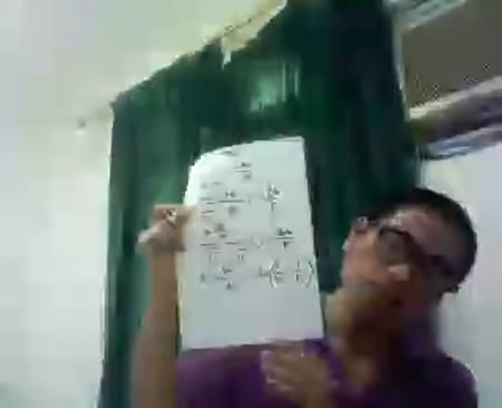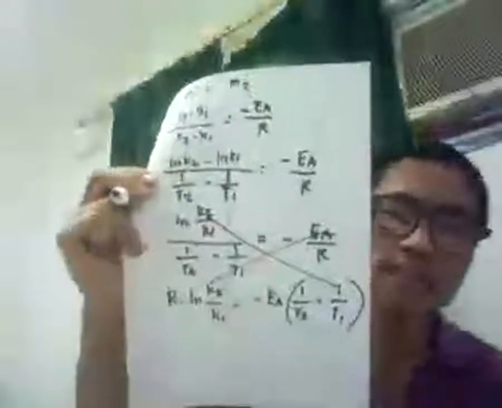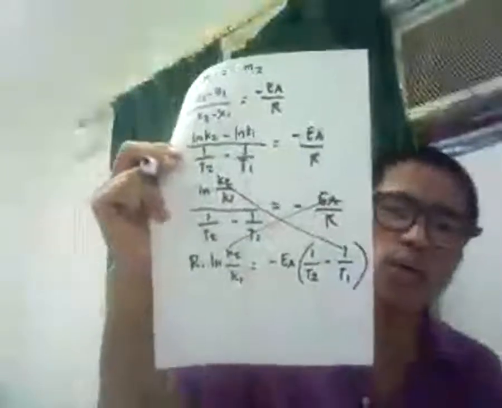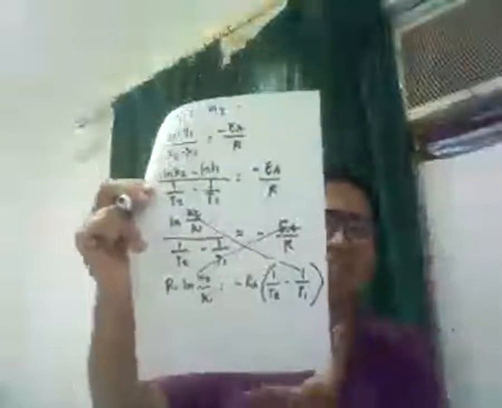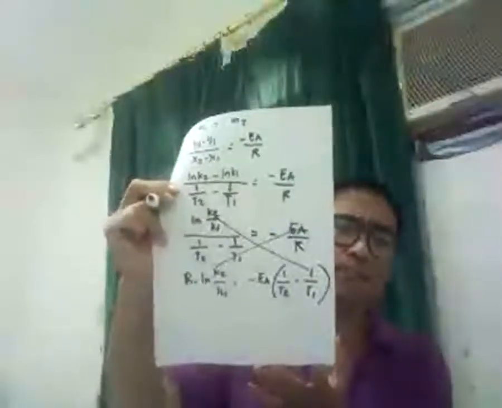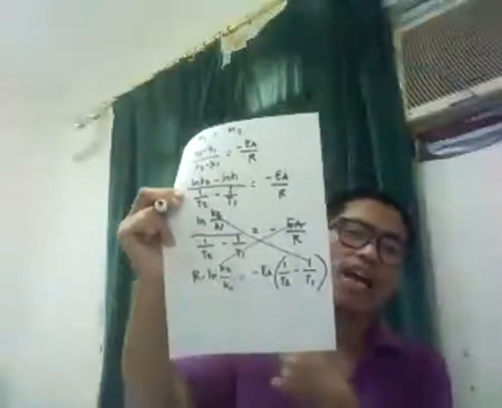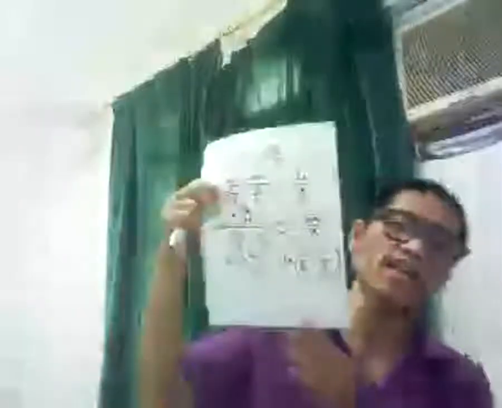So like this. What do you notice here, class? Is it already simplified or not? Take a closer look. What can you say? It's not, because there's still a variable on one side, and there's also a variable on the other side. So all we have to do is remove the R on the left side, so that it will become ln k2 over k1.